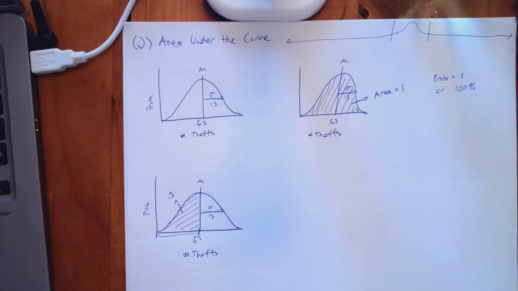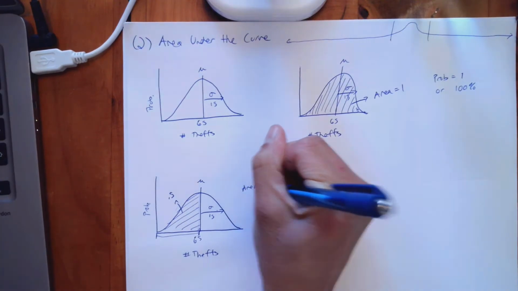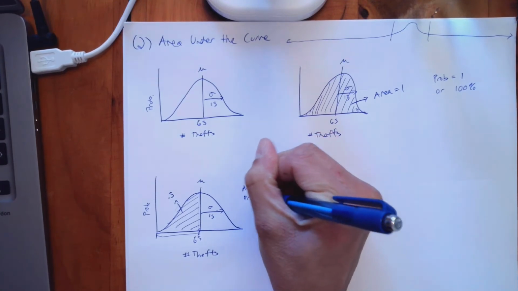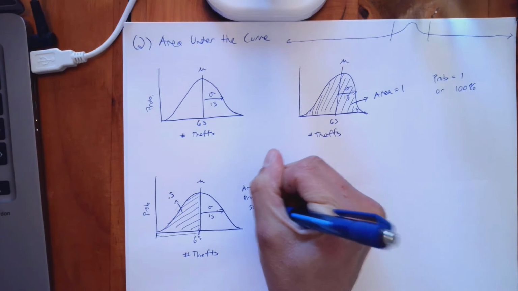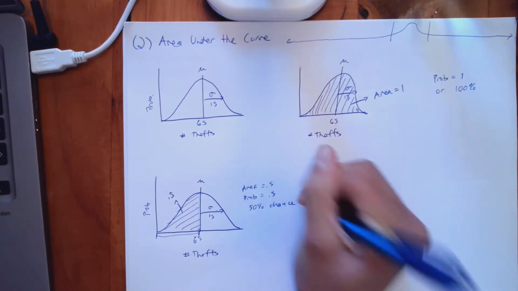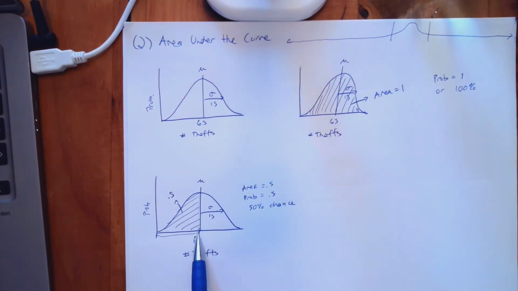Based on just our knowledge that this is a symmetrical graph, the area under the curve that corresponds to values that are at 65 or less is going to be equal to 0.5. If our area is 0.5, our probability equals 0.5, and we can say that there is a 50% chance that 65 or fewer items will be stolen from the store in any particular month.